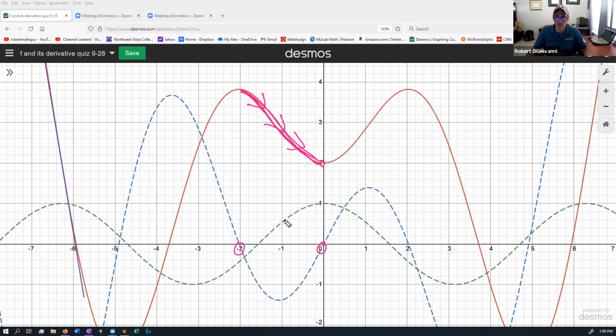That's no good. It's got to be the blue one here that is below. Negative values for the derivative correspond to the original function going down. The original function going down corresponds to the derivative of the function being negative, or below the x-axis.